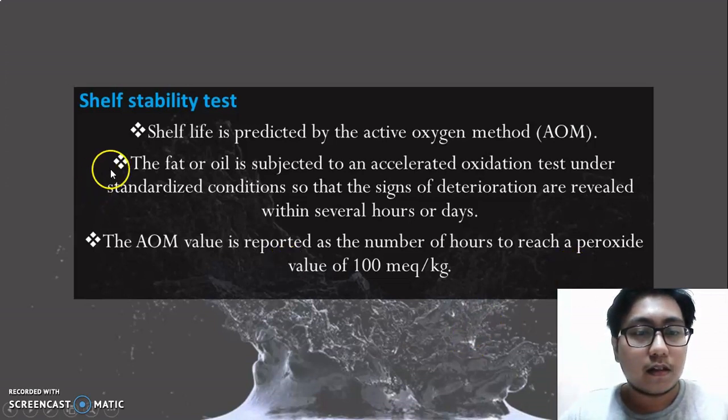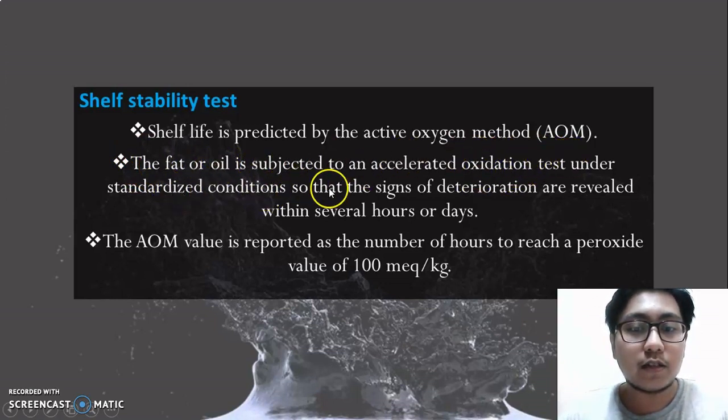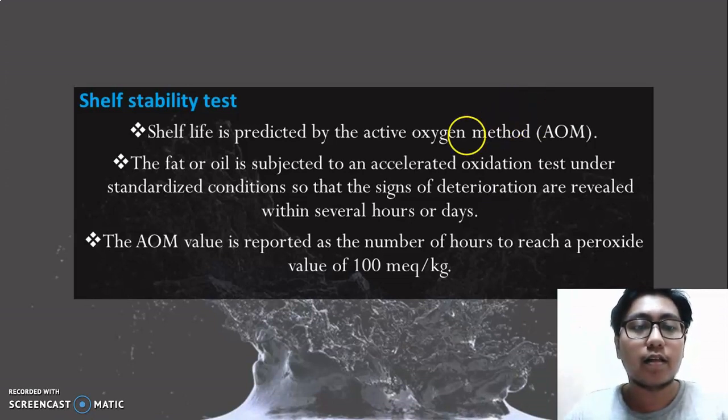How it works is the fat or oil will be subjected to an accelerated oxidation under standardized conditions, so that the signs of deterioration are revealed within several hours or days, as opposed to several months. So we can hasten the process of oxidation in a controlled test from several months or years into just several hours or days. So we can pretty much predict the shelf life of the fats and oils.